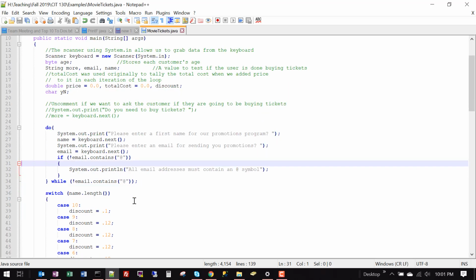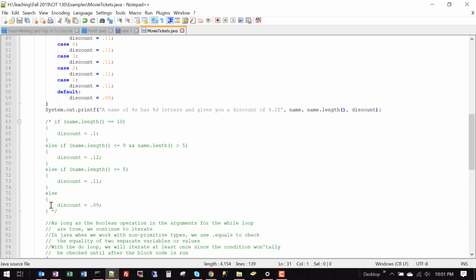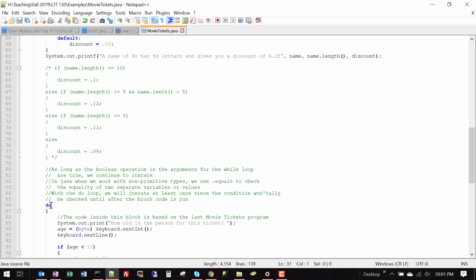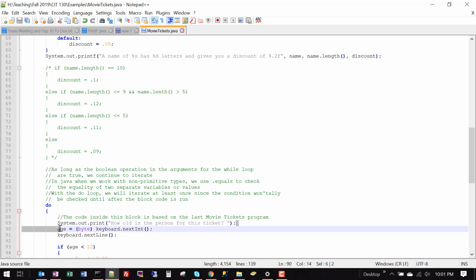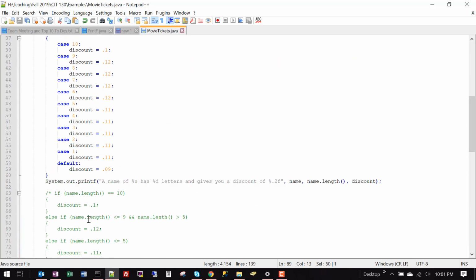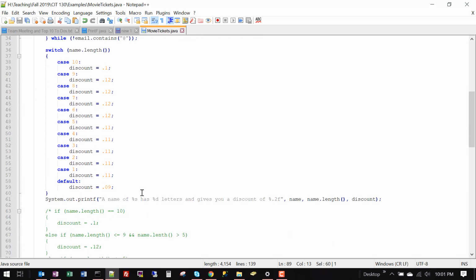One of the things about our printf, which we have right here, is that printf works very similar to the print in that it does not put the carriage return in. In these cases, that's nice because we're having them type something in on the same line. But up here, we want that enter.